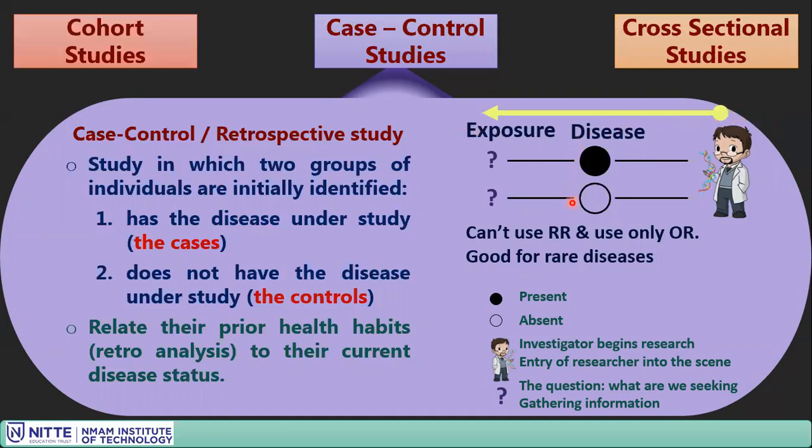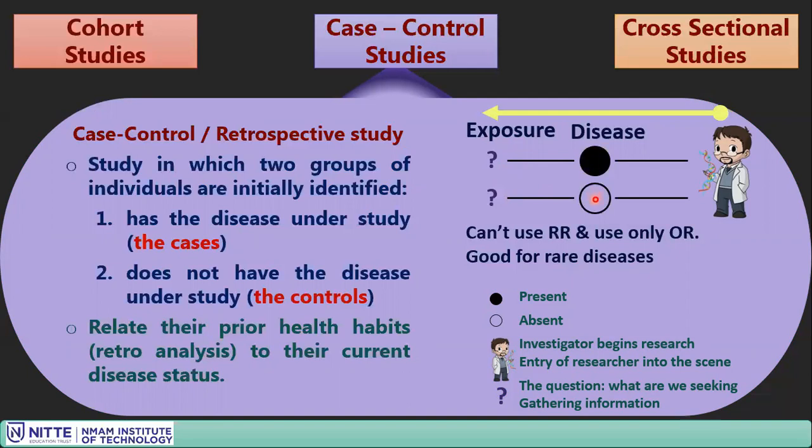Remember, the event has already occurred in this case. Disease is present, disease is not present. The black one is the case, the white, transparent one is the control. The researcher assigns the entire population into two groups, cases and controls. Now he will go back in time. He will measure whether this particular group has undergone an exposure or not.